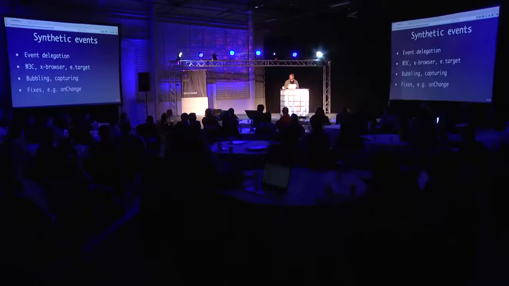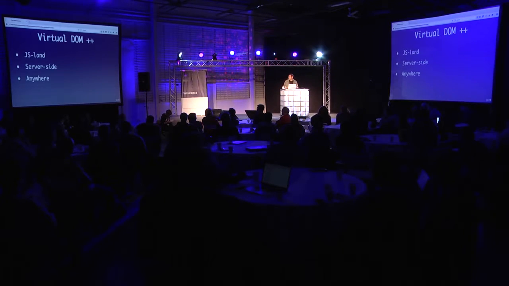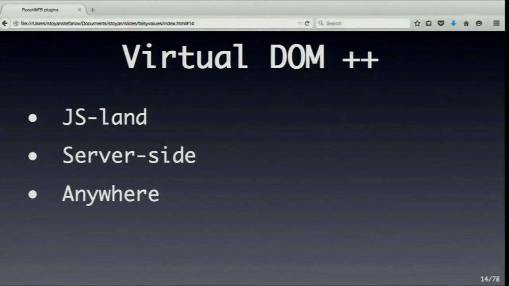And there are some tiny little fixes, like, for example, in an input field in React, when you have onChange, that event happens as you type, not as you blur, as it is in the browsers. The benefit of the virtual DOM is that everything happens in JavaScript land, which means it's much faster.